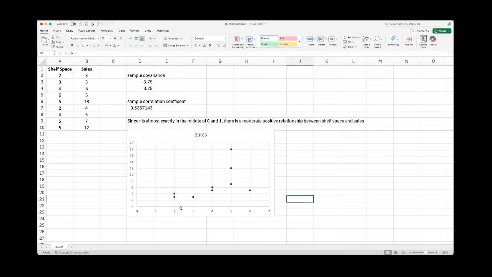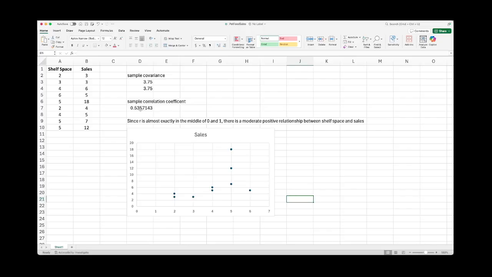And sure enough, in general, as shelf space goes up, sales tend to go up, but this is not a perfect or very strong linear relationship. This might help you decide how much shelf space to dedicate to pet food. You can get an idea of what the sales were when different amounts of shelf space were dedicated to pet food, and you can use that to decide what you want to do.